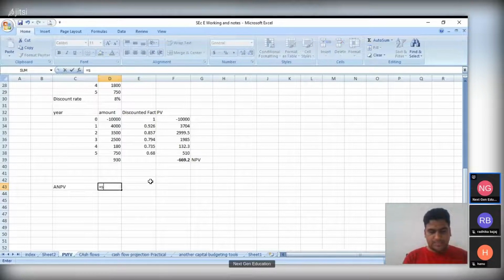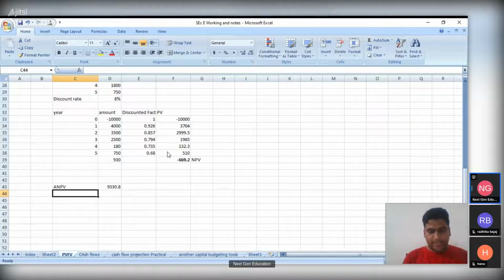NPV is basically the sum of all future inflows, okay, minus your investment. Your investment is 10,000. So the NPV calculation is very simple.